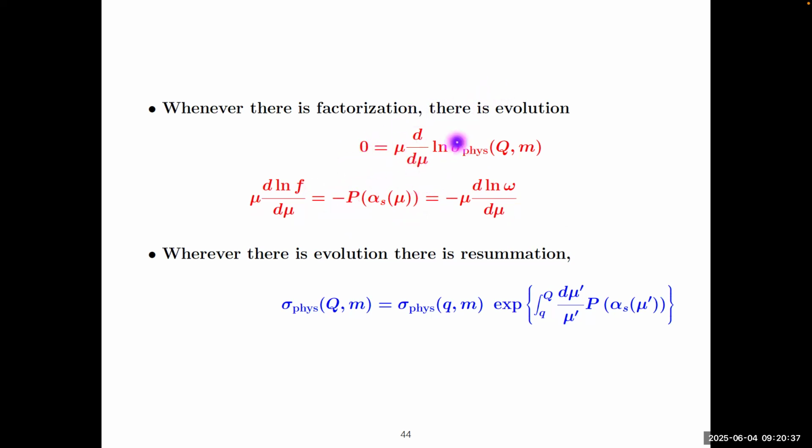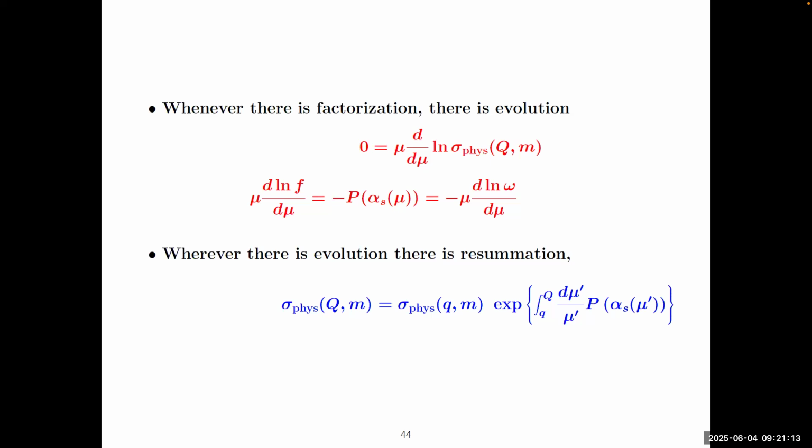But so we have the independence of the physical cross section on the factorization scale, and separation of variables, which tells us that the variation with the factorization scale of the long distance function is the negative of that of the short distance function. But remember, we can calculate the short distance function. Therefore, we can calculate its derivative. Therefore, we know the variation of the long distance function on the factorization scale.